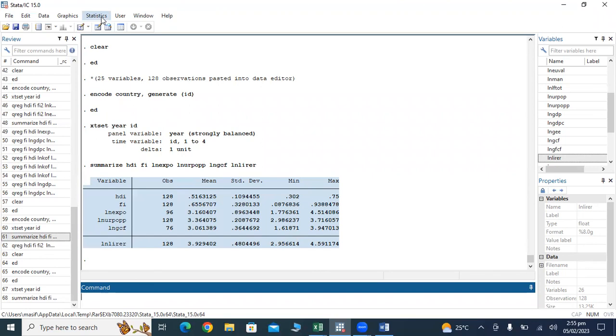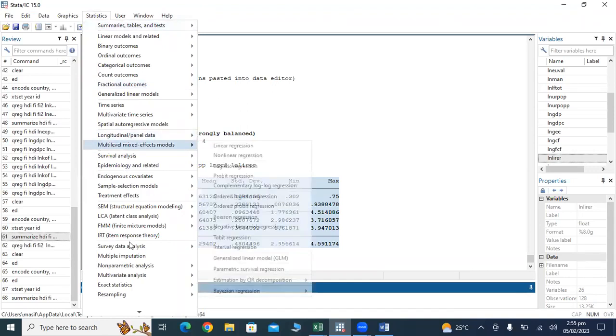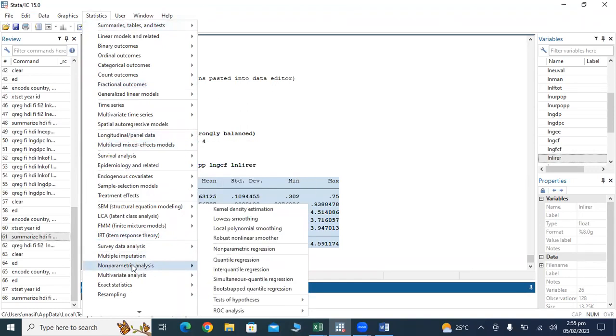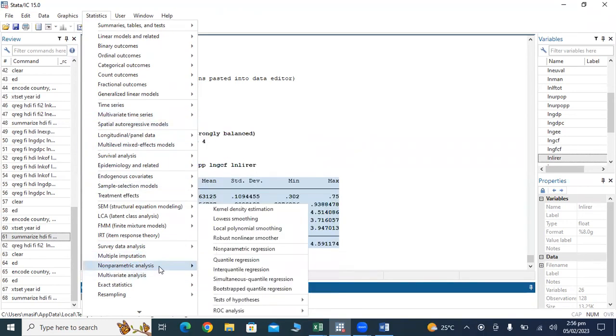We use the panel quantile regression model. Move to Statistics and then to Nonparametric analysis. Sometimes nonparametric analysis is listed here, and most of the time it is given at the end of this row.